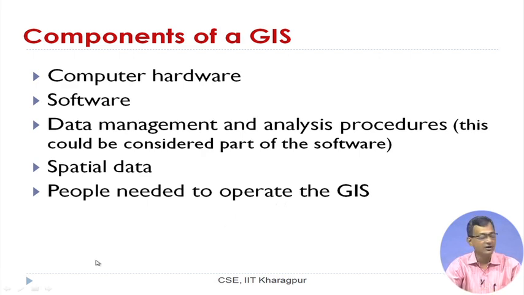It requires hardware, software, and data management is a major part; spatial data has different characteristics, volume-wise, meaning-wise and type-wise, and you require a special category of people who can operate on this data, right.